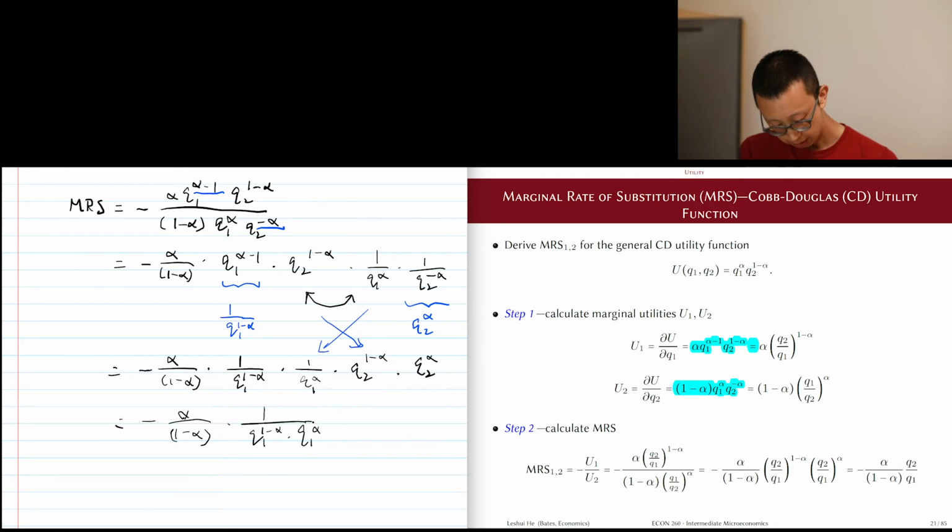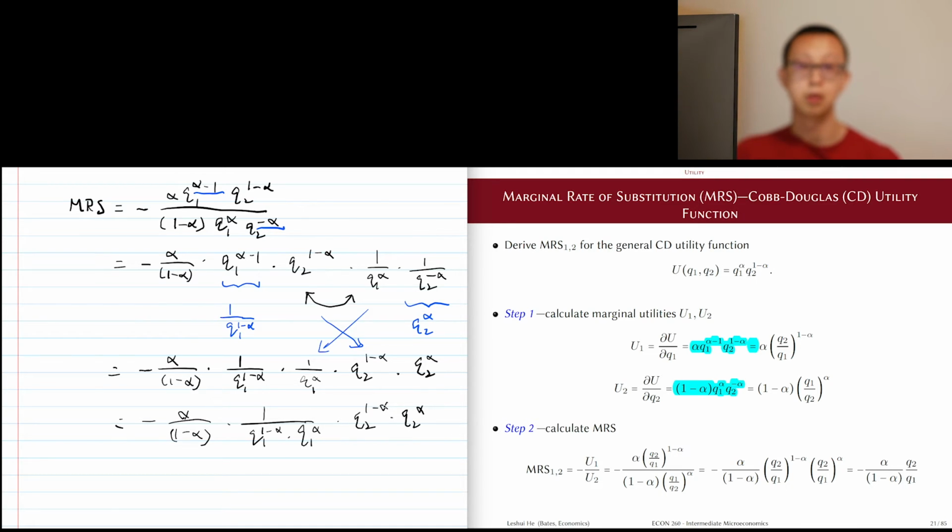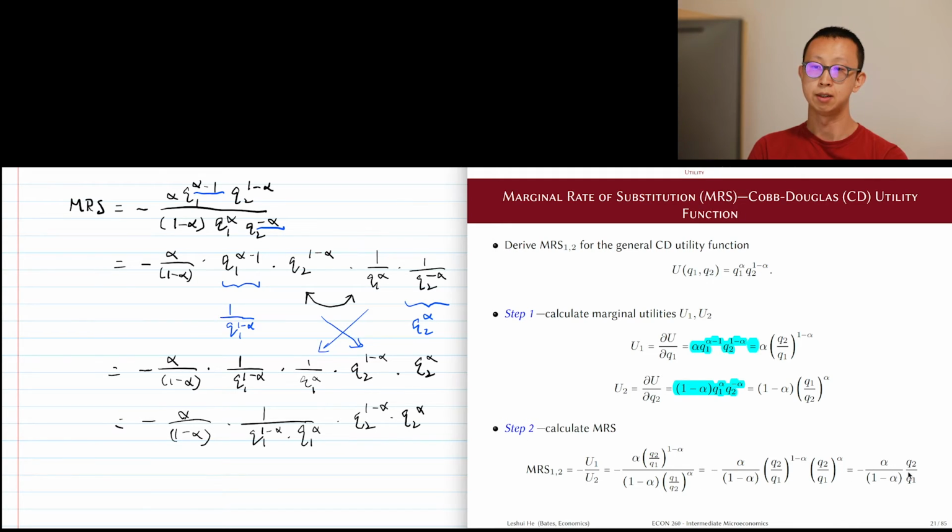And then the q2's are all on top of this ratio. So I'm going to have times q2 to the power of 1 minus alpha times q2 to the power of alpha. And now, hopefully you're able to see that we can collect the terms of q1 and q2, and we will have exactly the result we have at the end of this expression.